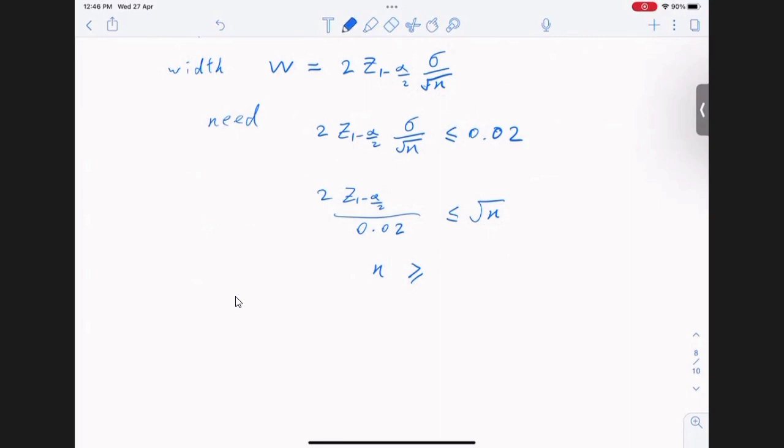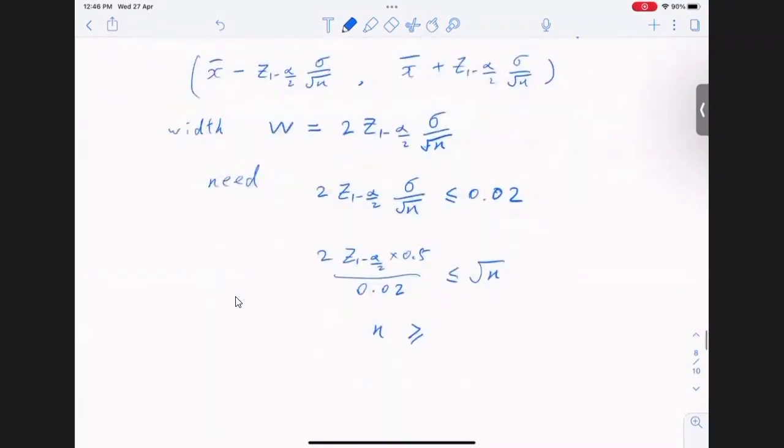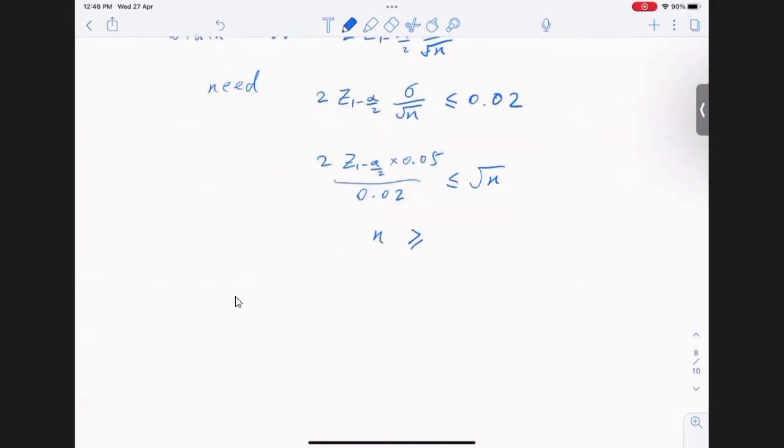And because we are also given that sigma is equal to 0.05, we can replace sigma by 0.05. So the sample size needs to be greater than or equal to 5 times this normal quantile, and then this squared. It depends on the coverage of the confidence interval we need.